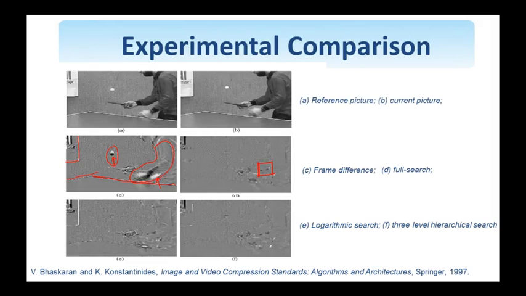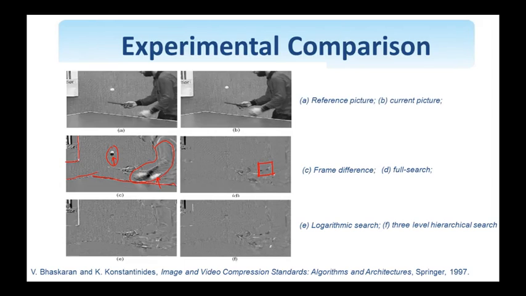The displaced frame difference is now almost as good as full search, and better than the result we obtained with logarithmic search. Apparently, the low-pass filtering that is performed has beneficial effects, as already mentioned.